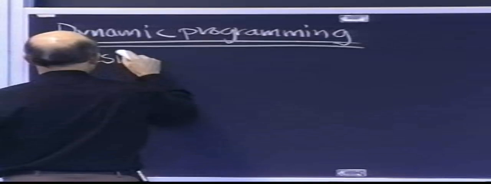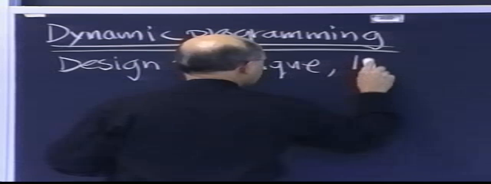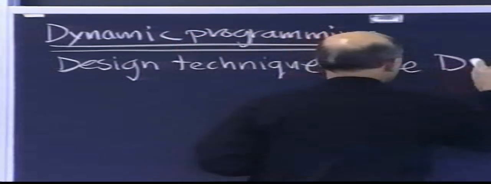So anyway, today we're going to talk about dynamic programming. It's one of my most fun topics in this class. As I mentioned, this is a design technique, much like divide and conquer.